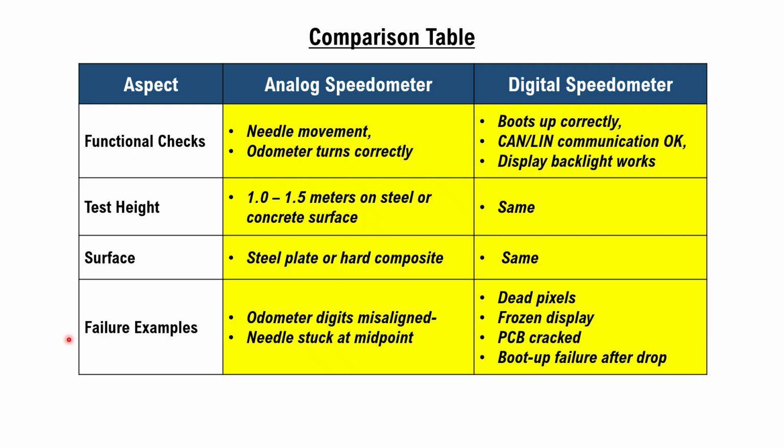In case of analog speedometer, it could be odometer digits misaligned and needle stuck at midpoint. Whereas in case of digital speedometer, there could be dead pixels, frozen displays, PCB cracked, boot up failure after drop.